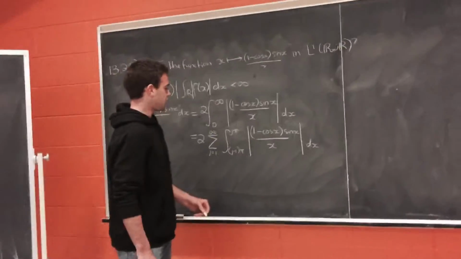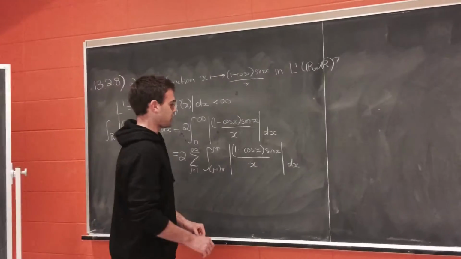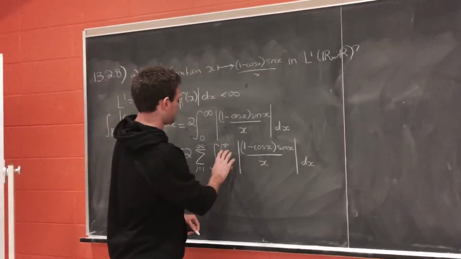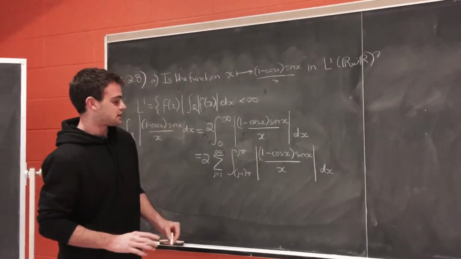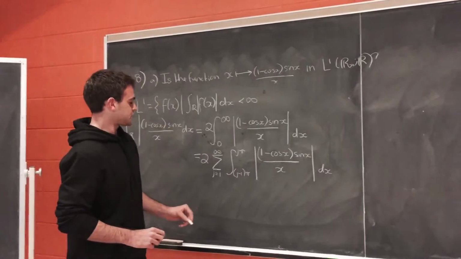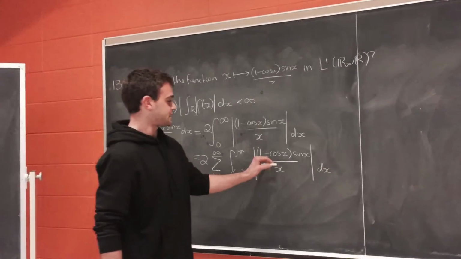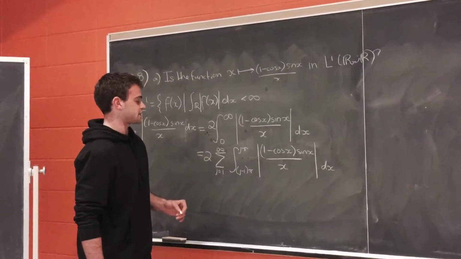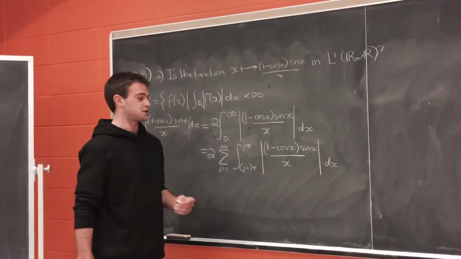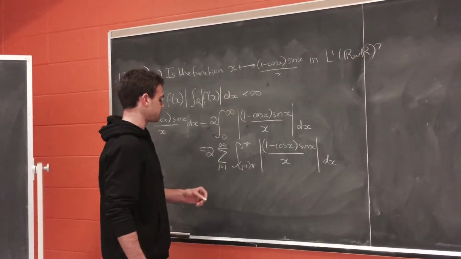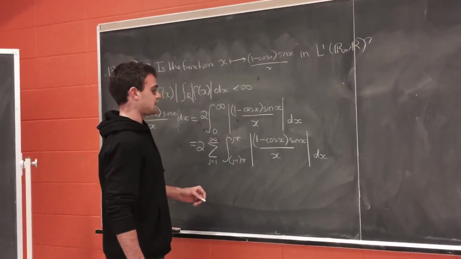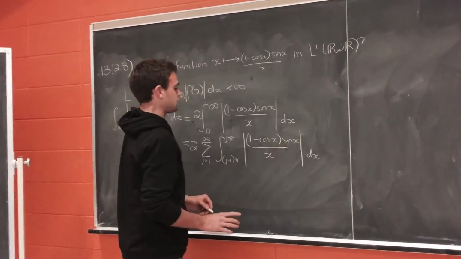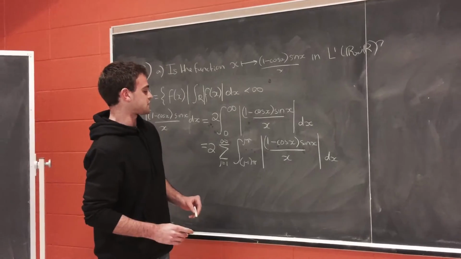Okay, so now we have a function on the numerator that is non-zero within this interval, and since it's a continuous function, we know that its support has to have a measure of non-zero, which means that the integral of this thing is positive.